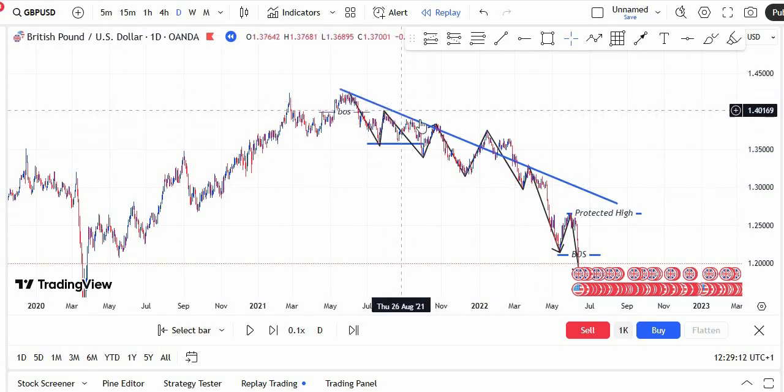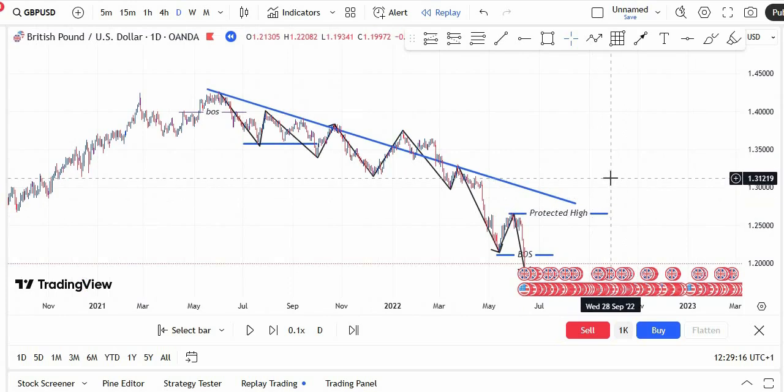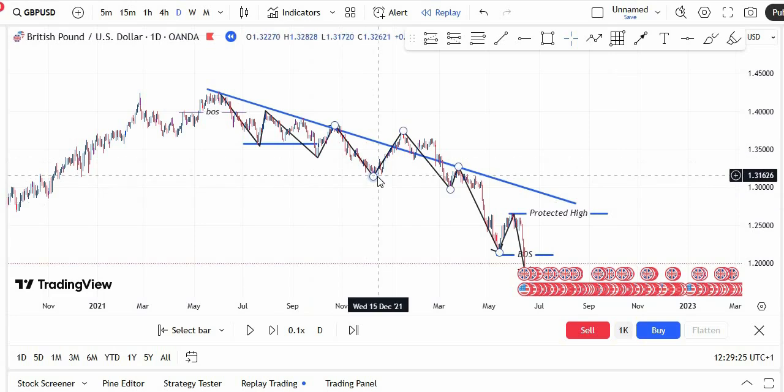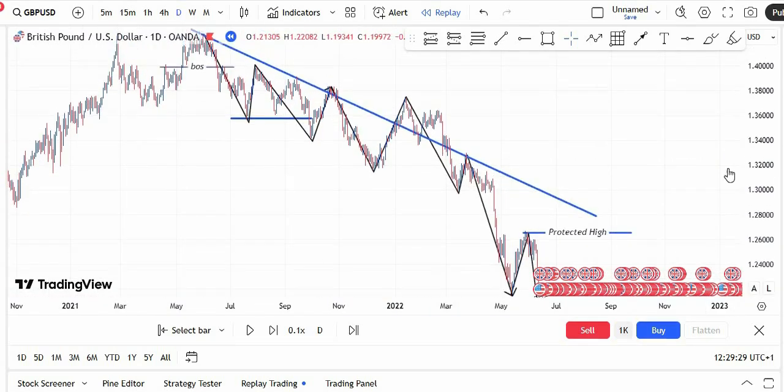You have this touch, you have this touch. But if you understand market structure, you don't need to draw a trend line. You can only draw a trend line if you don't want to be drawing market structure lines, just like what is on my monitor right now.